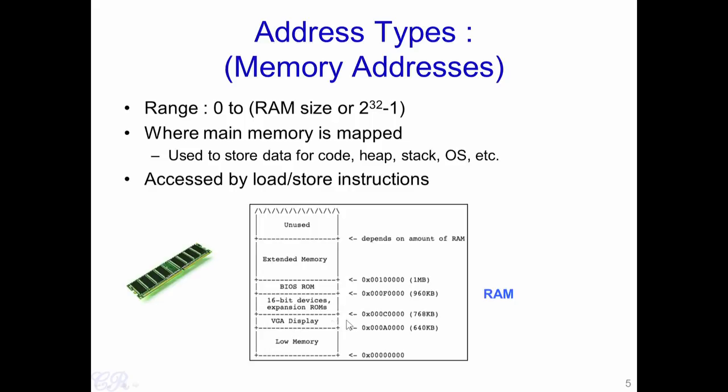This means that any ASCII characters placed in this particular area would then be taken by the video card and displayed onto the screen. The region from 768 KB to 960 KB was known as the 16-bit expansion ROMs.